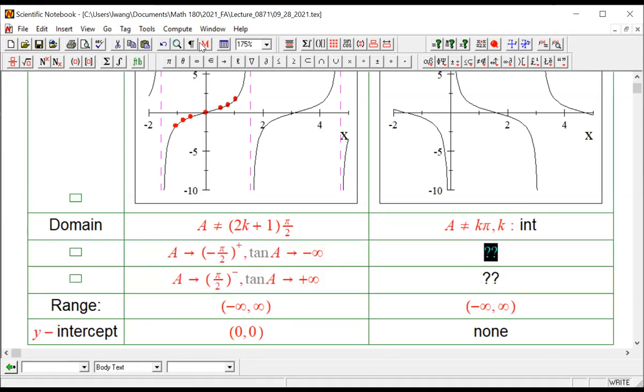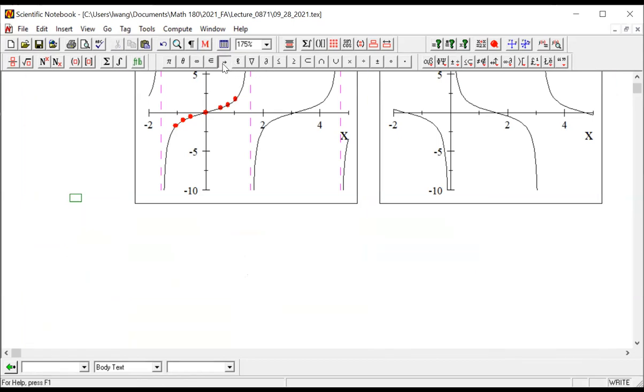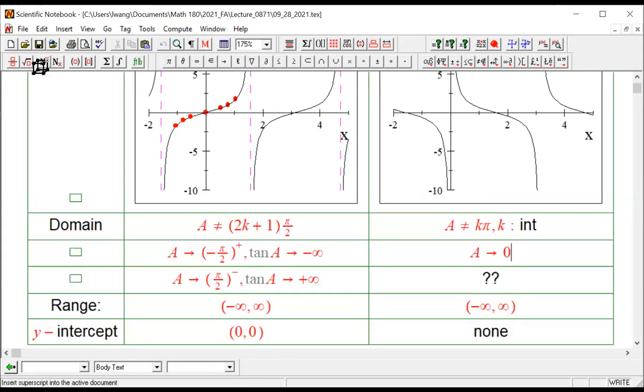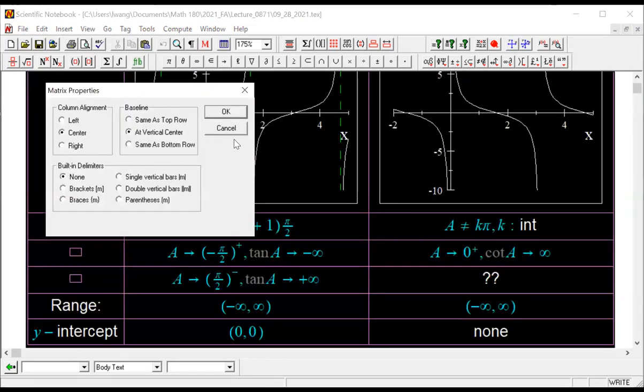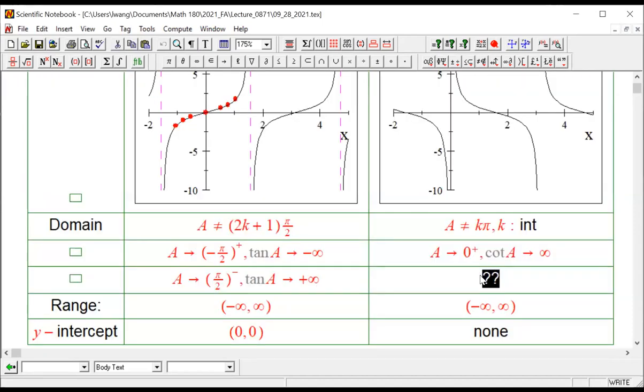So when A is approaching 0 from larger than 0, cotangent approaches what? Positive infinity. Okay?